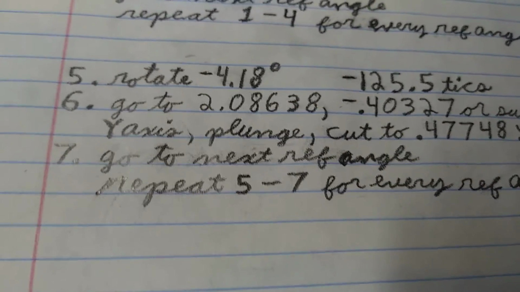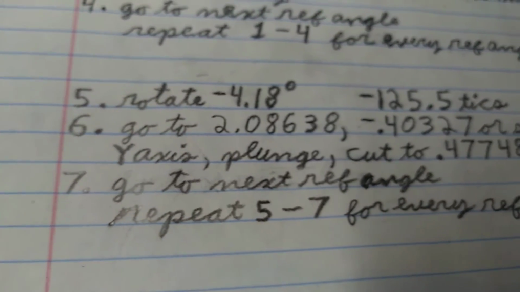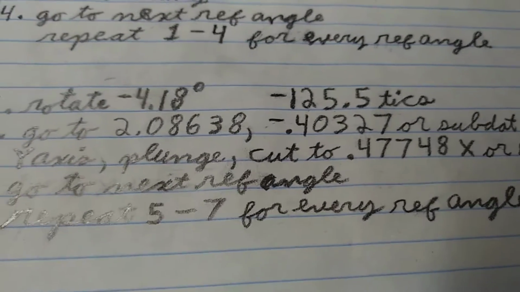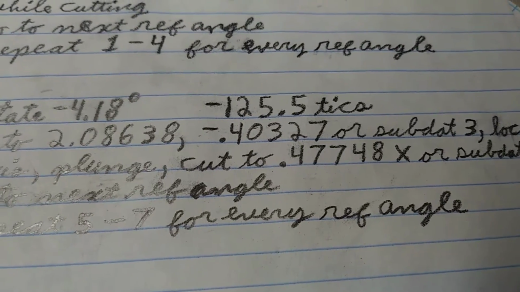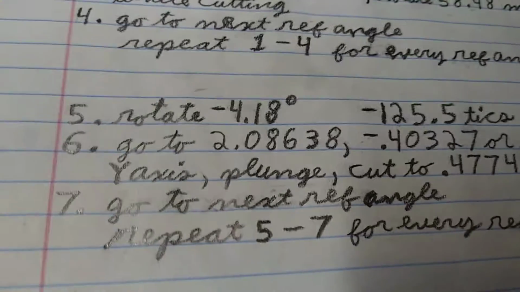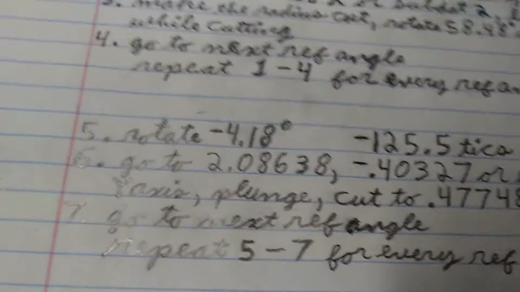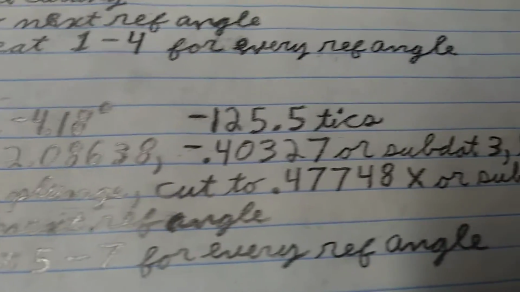Go to 2.086 comma negative 0.403. That's again X, Y in that order. So that's a location in X and Y, or subdatum 3.